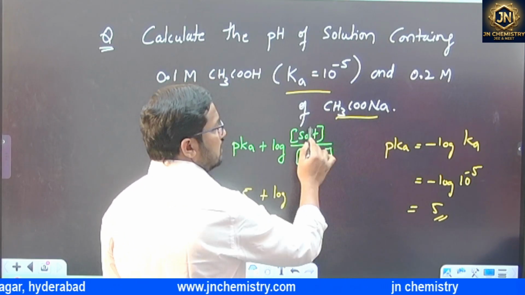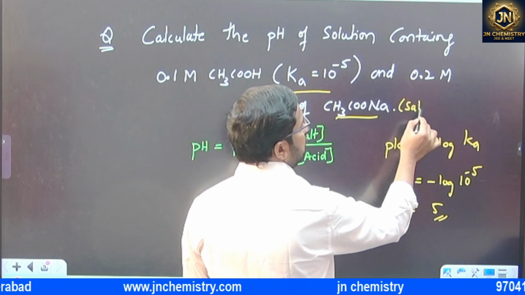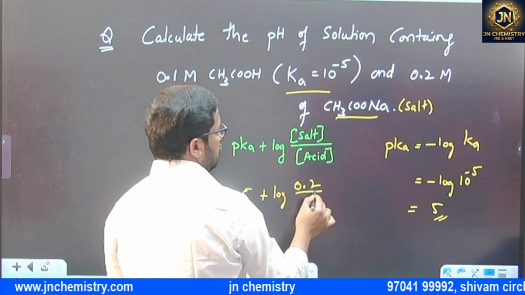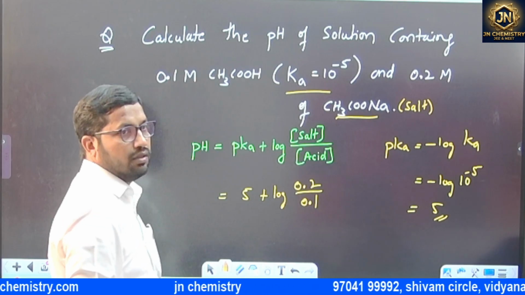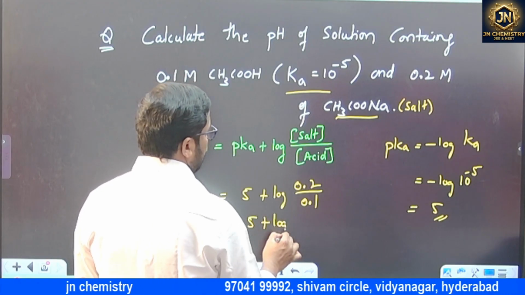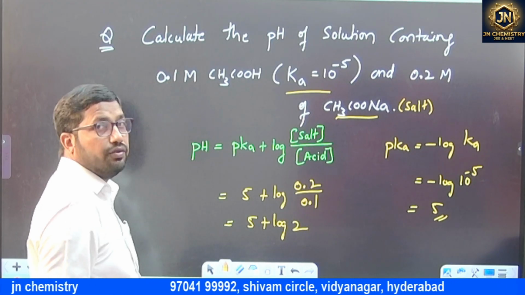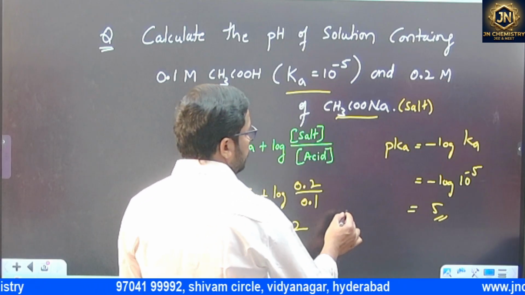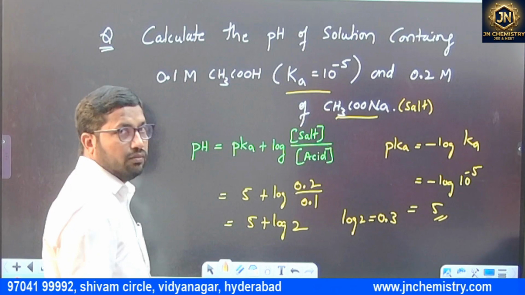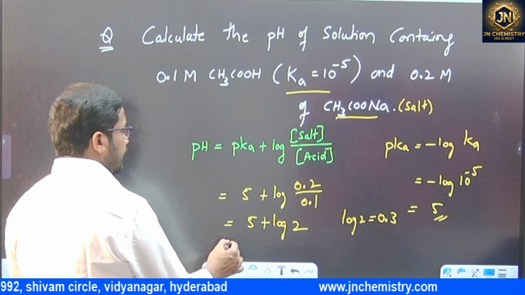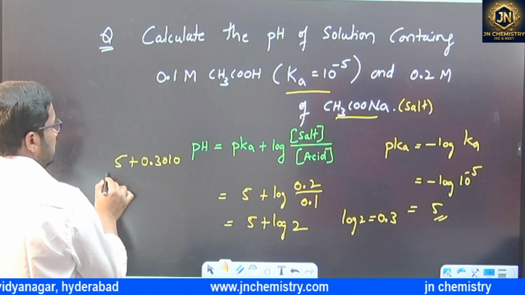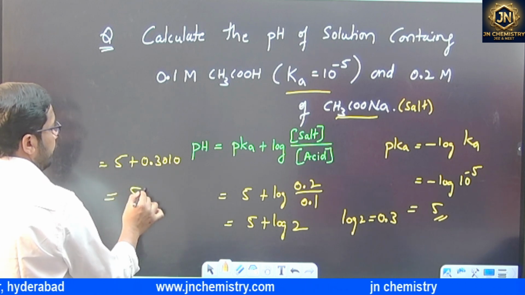CH3COONa is the salt, of course this is the acid. 0.2 by 0.1, right? So 5 plus log 2. Log 2 value is how much? 0.3010, nothing but 0.3 we can take. 5 plus 0.3010, nothing but 5.3.